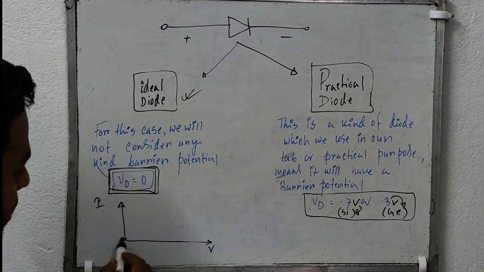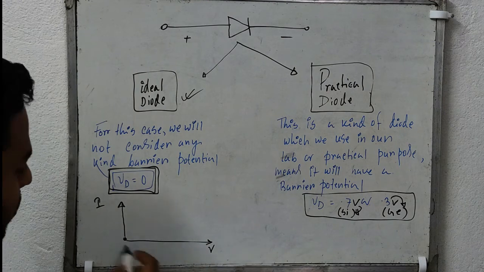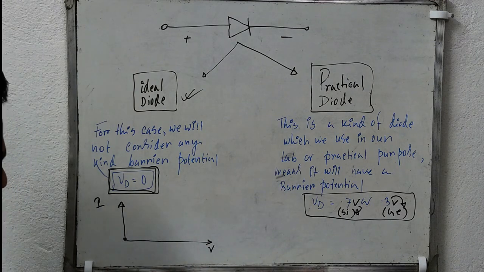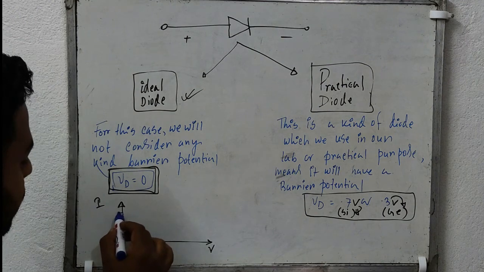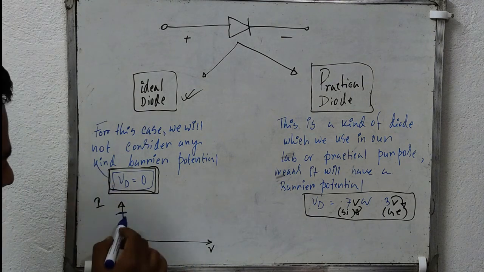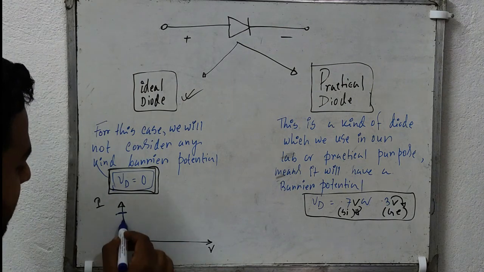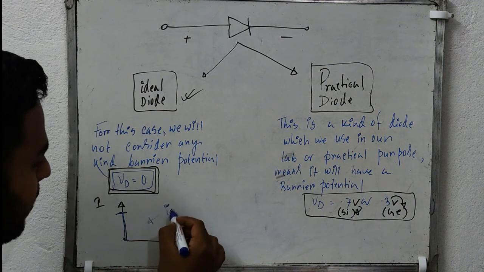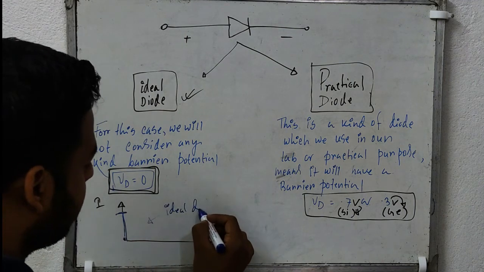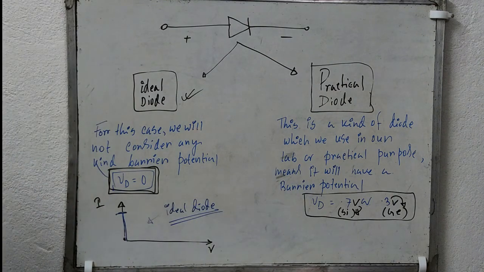When we apply voltage across the diode, the current will start to flow through the diode. As you can see, the blue line is for the ideal diode. We are not considering any barrier potential or cutoff voltage here.